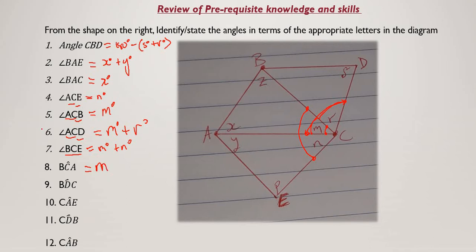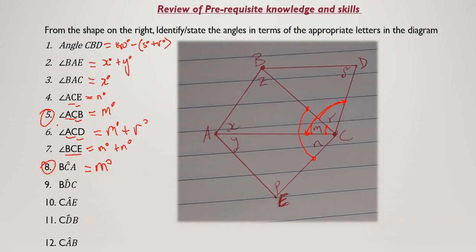Now if you look at it, you know that we have two angles being equal to angle M. Why is that? We're seeing that angle ACB is the same as angle BCA. The middle letter is the same, but when we switch the letters around, we still get the same angle.